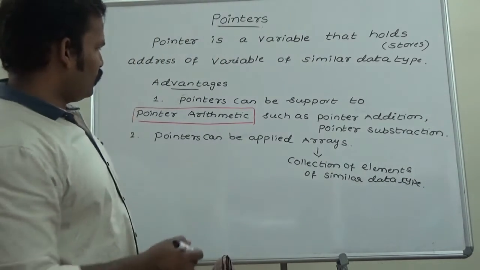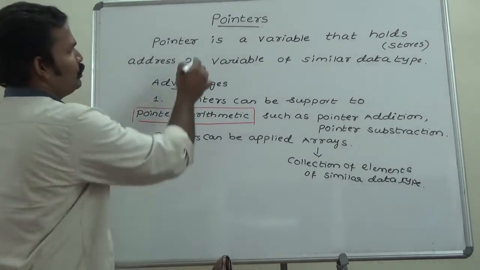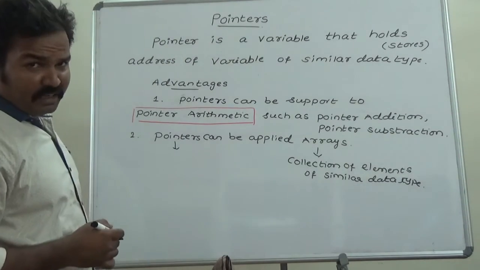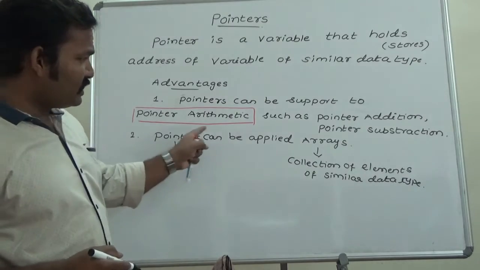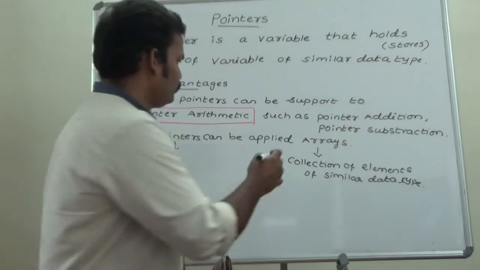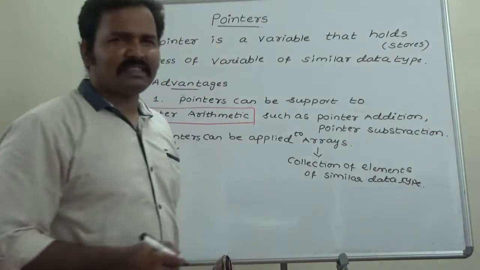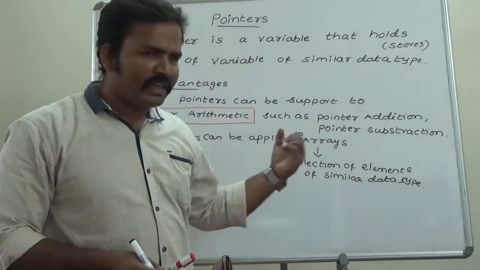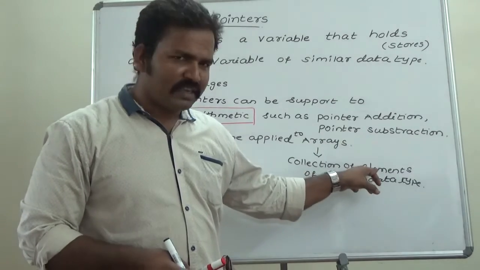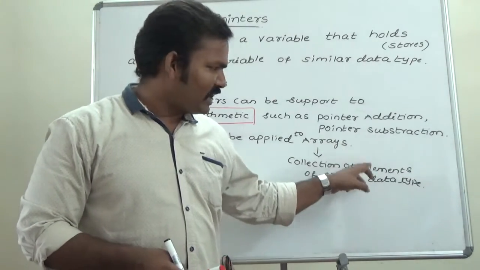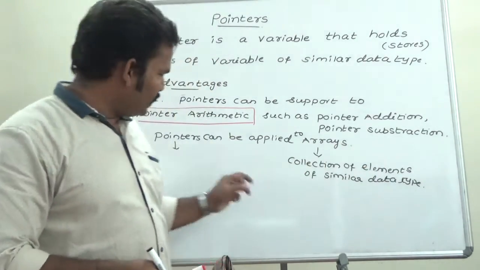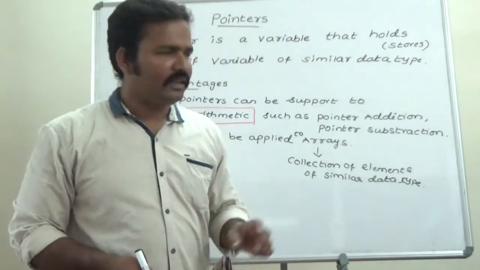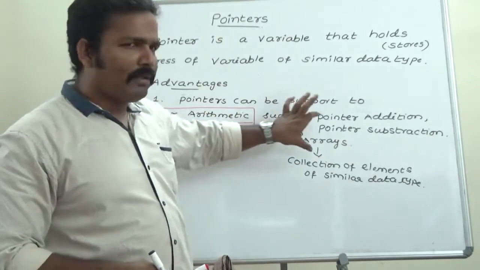What is a pointer? A pointer is a variable that holds the address of another variable. Pointers can be applied to arrays. That means we can access array elements by using a pointer variable.